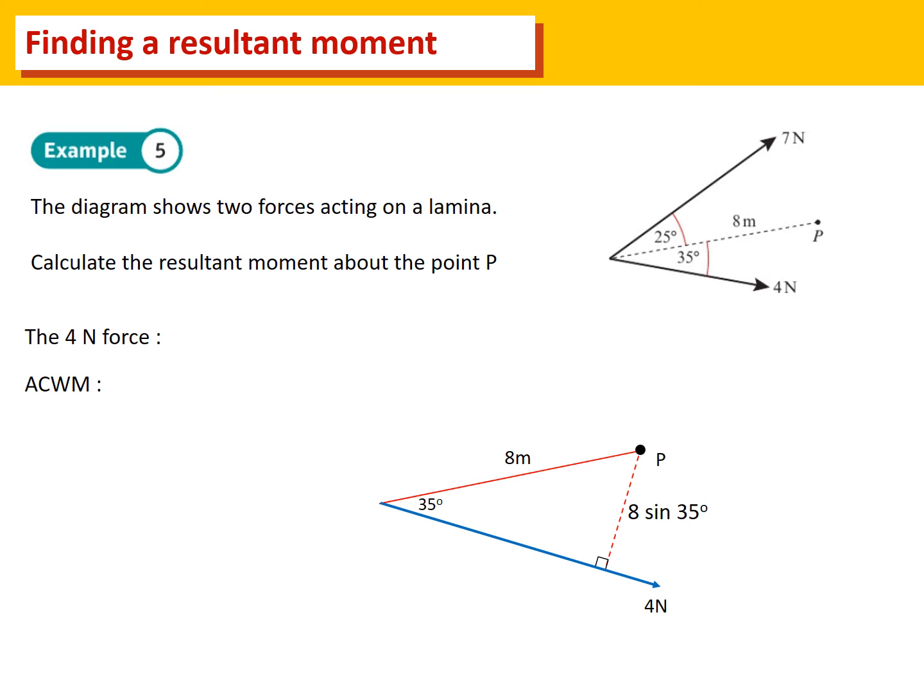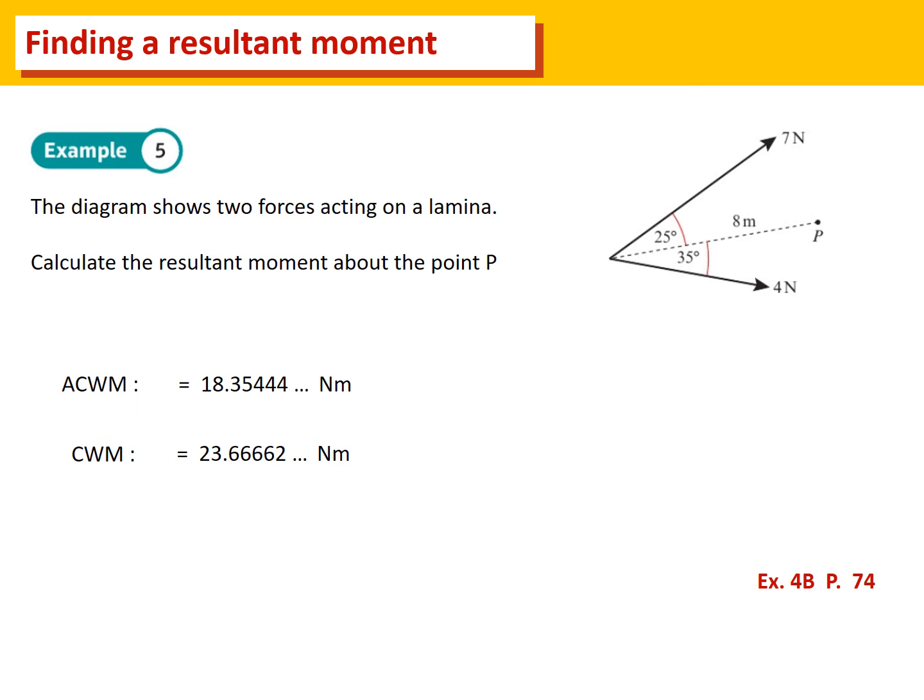So the turning effect, or the moment of the 4 Newton force, is 4 times 8 sine 35, and that's 18.35 Newton meters. So overall, two forces, we have 18.35 anti-clockwise, 23.66 clockwise. So the resultant is 5.31 Newton meters clockwise.